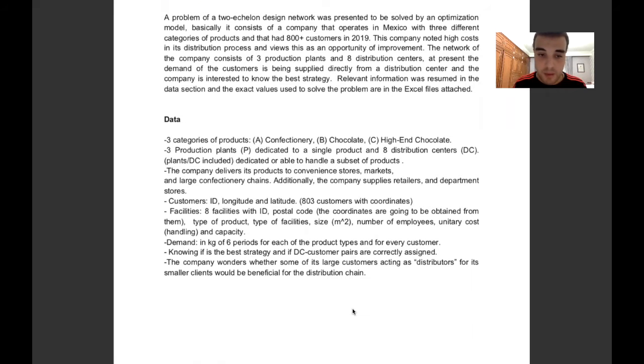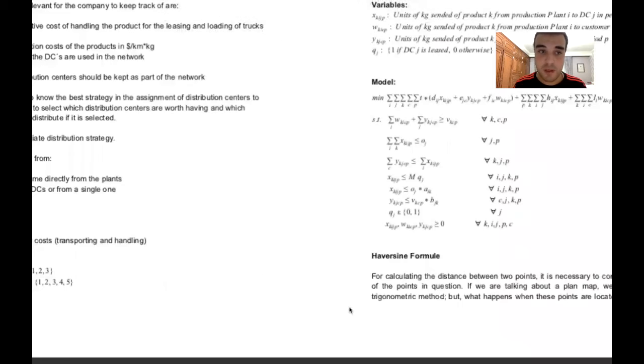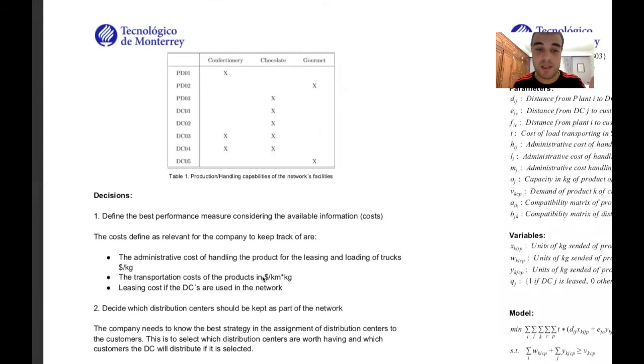And then we go to the table where we have an important constraint: the plants and the handling capacity of the same plants and the distribution centers, not all of them can have the three products in the production and in the distribution network, in the handling.